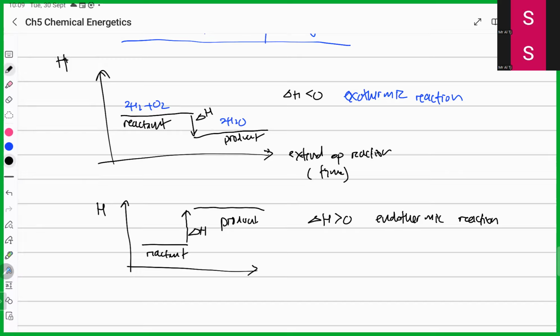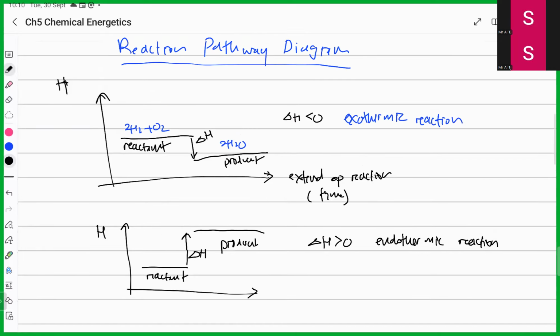Okay, the features of what we call the reaction pathway diagram are the axes. It must be the extent of reaction or time, and the vertical y-axis will be the enthalpy.